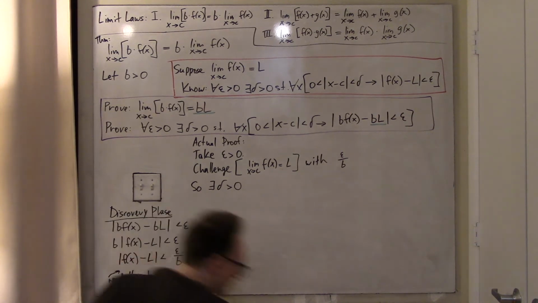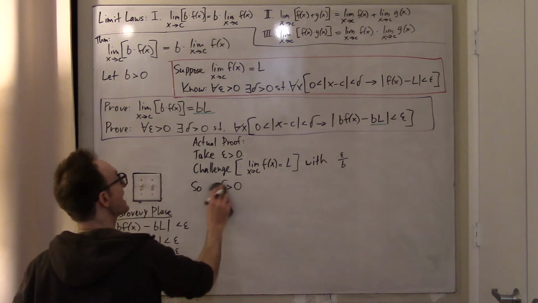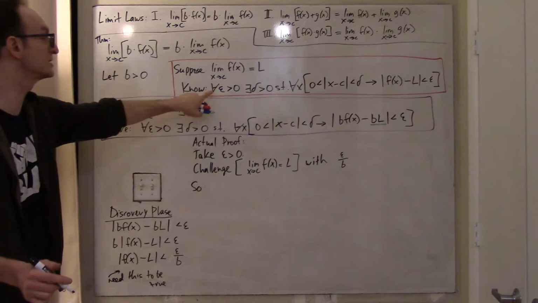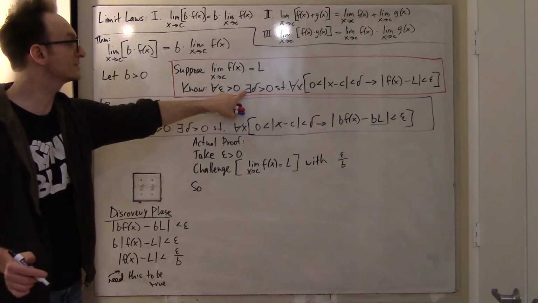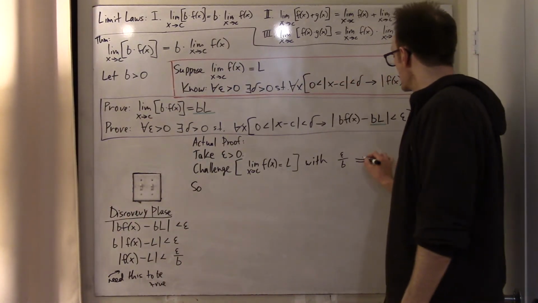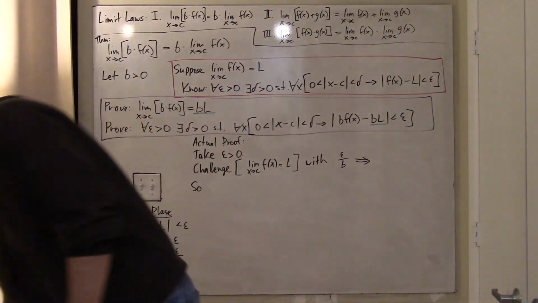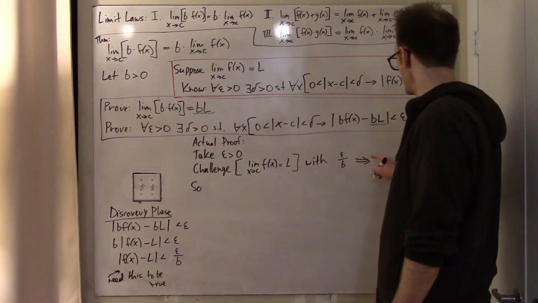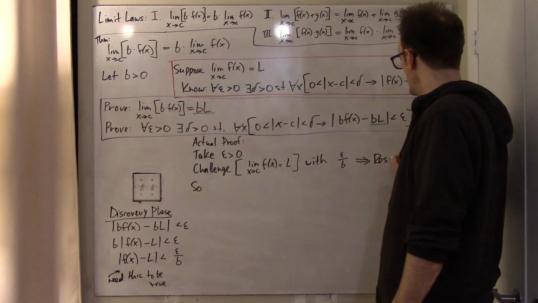No, that's too confusing. Let's just say that when I do this challenge, I receive a response, and my response is going to be some kind of delta. Let's call it delta 1. Response: delta 1.